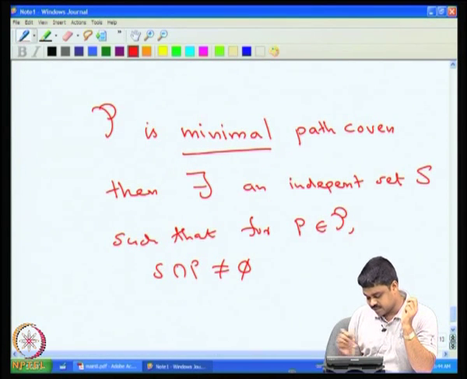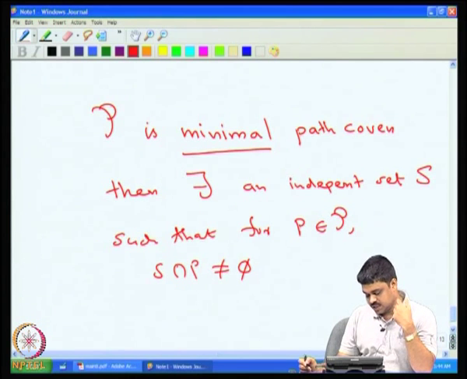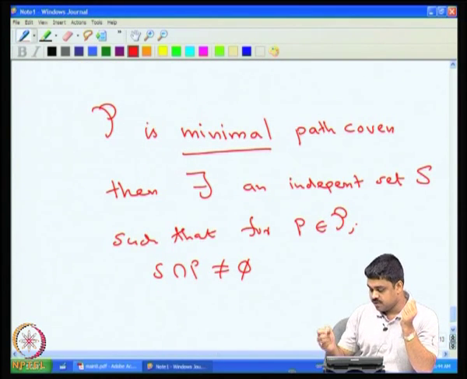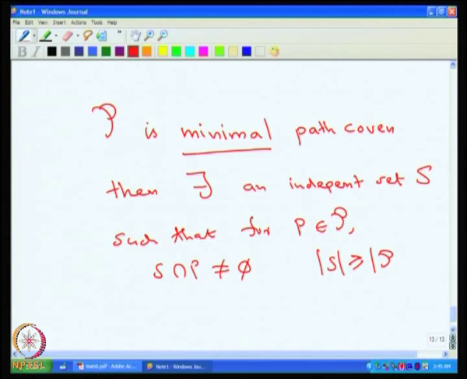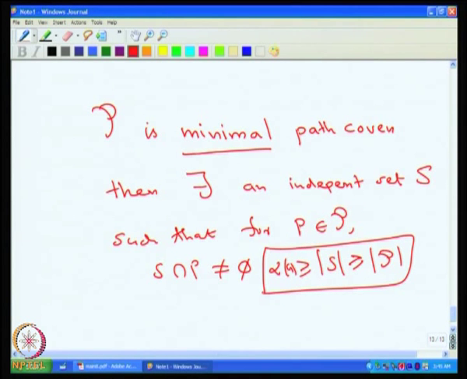So we have some representatives from each path of the path cover. Therefore, the cardinality of S will definitely be greater than or equal to the cardinality of my path cover, and definitely this is less than or equal to alpha of G. This is what I am going to show.